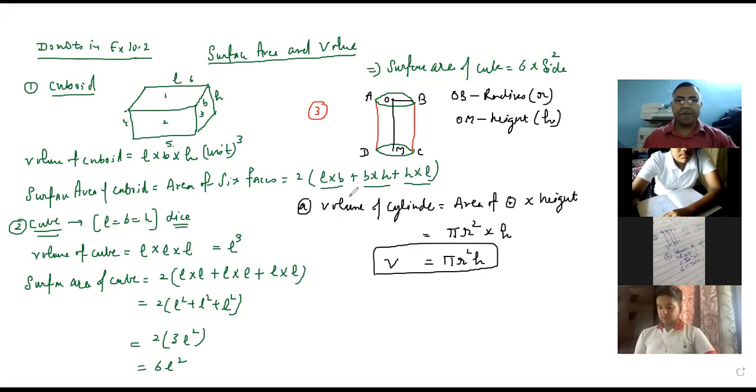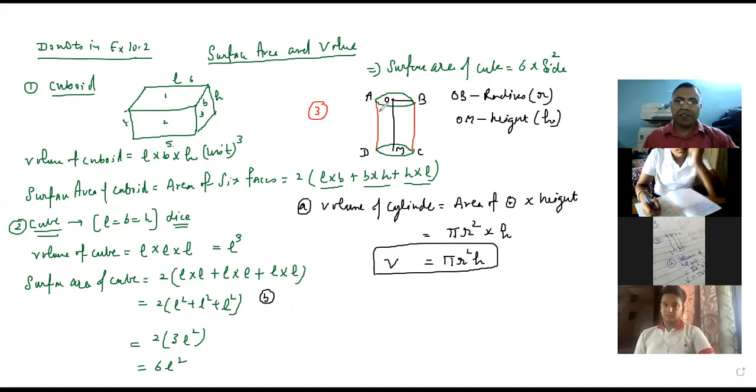Can I go to the next? Yes, sir. The next is, there are two surface areas. One is the curved surface area and second is the total surface area. So what is the curved surface area? Curved surface area means the area of a pipe.